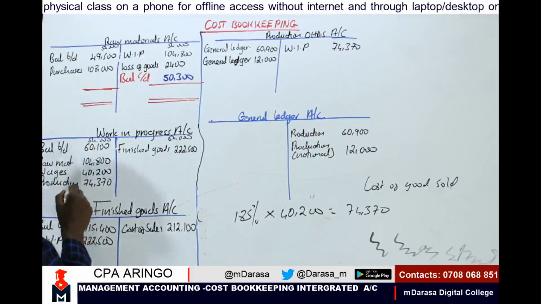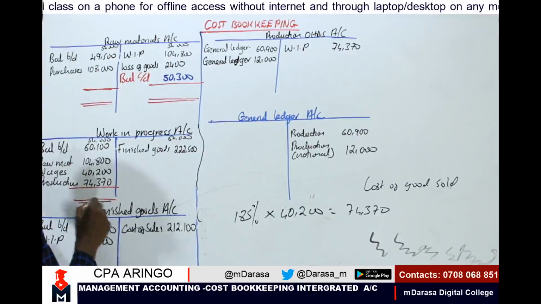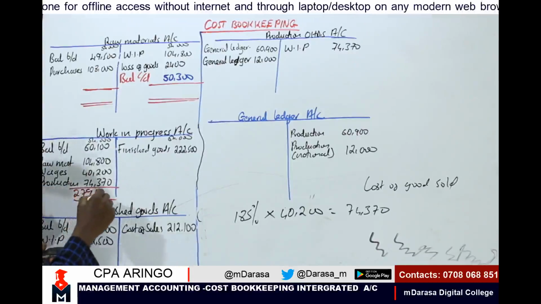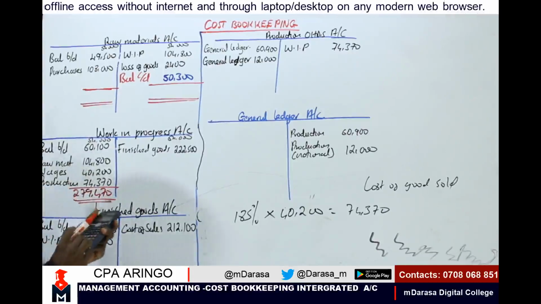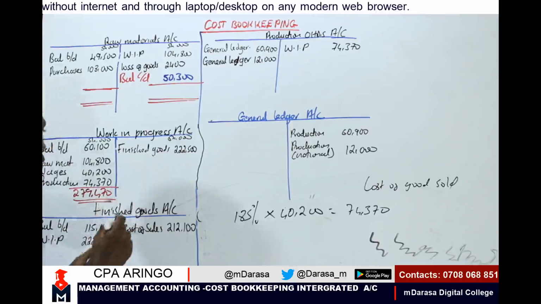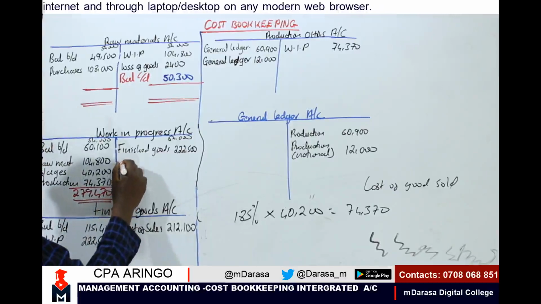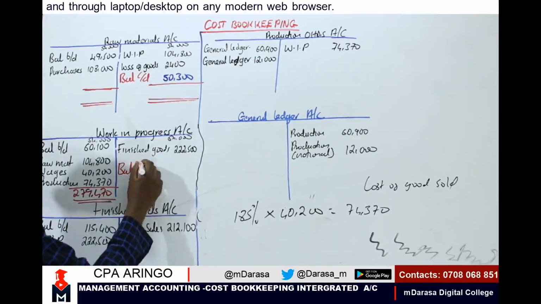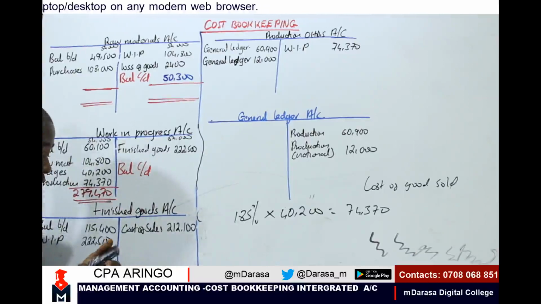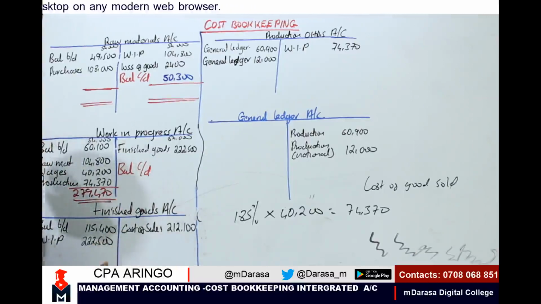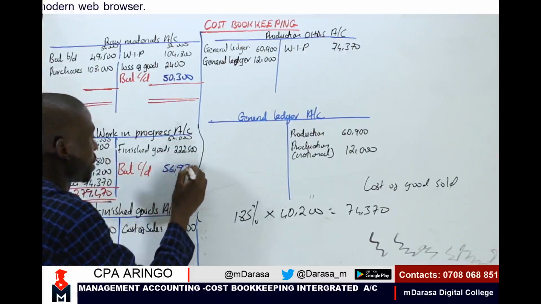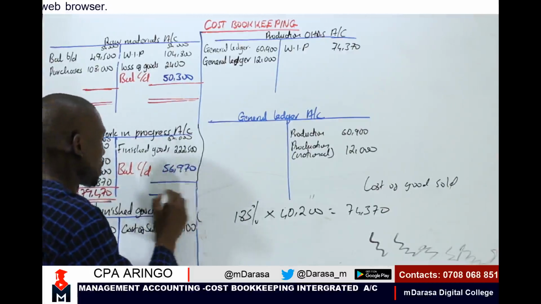Then 279,470 minus 222,500 to give us our balance carried down. I'm getting a figure of how much? 56,970. So I'm having 56,970 here. So closing that completely.